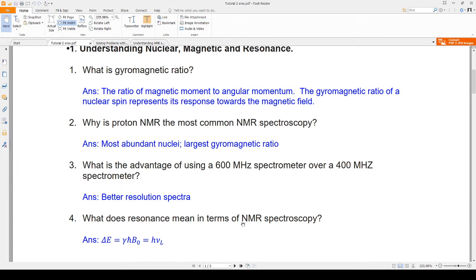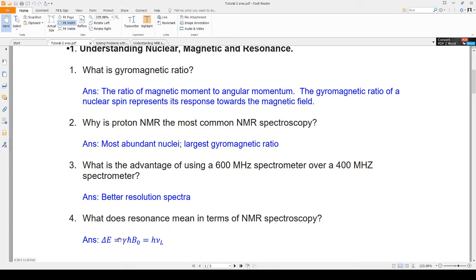So what does resonance mean in terms of NMR? If you have questions on, for example, a definition, and that definition has an equation tagged to it, it is advisable to not just write the definition, but also write the equation that goes with it.